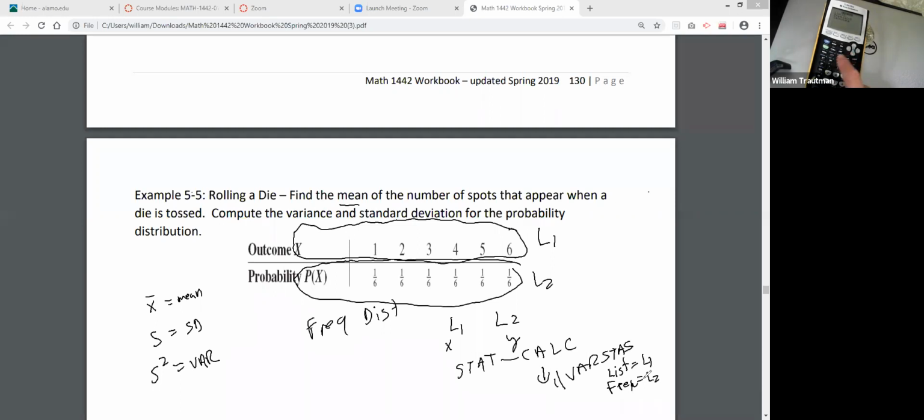If you don't have the L2 in there, make sure you type it in by hitting second, number 2. Now my L2 is in there. And then arrow down to calculate and hit enter.